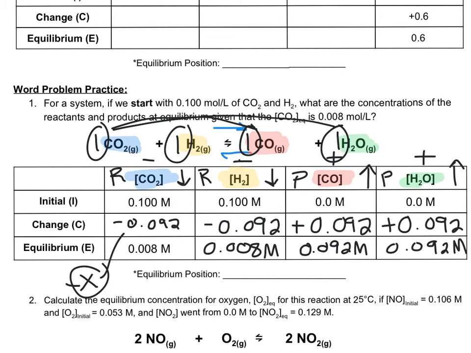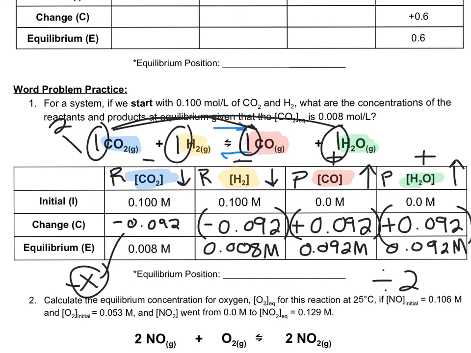Or let's say that one was a 2. Then that was considered 2x, and all of the rest of these would be divided by 2. So it's really just looking at a situation and saying, based on the initial and the final concentrations, what was the overall change, and how can I interpret that change on different sides of the reaction based on different mole ratios?